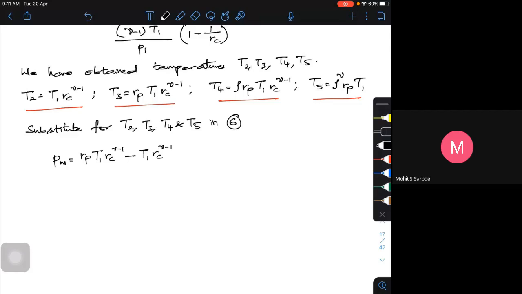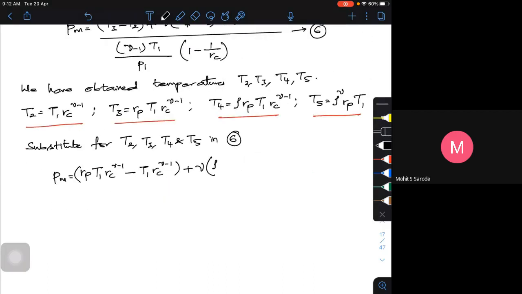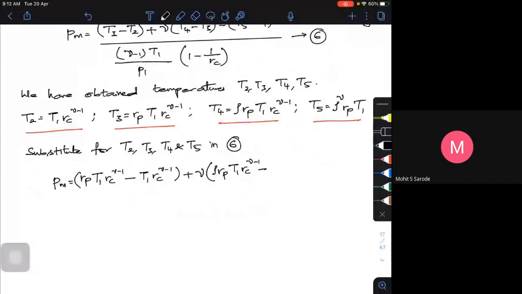minus T2, that is T1 into Rc to the power of gamma minus 1, plus gamma into, this is for T4, so T4 is nothing but rho Rp T1 Rc to the power of gamma minus 1, minus, then for T3, let me write Rp into T1 Rc to the power of gamma minus 1.